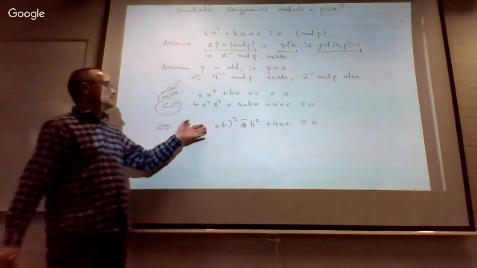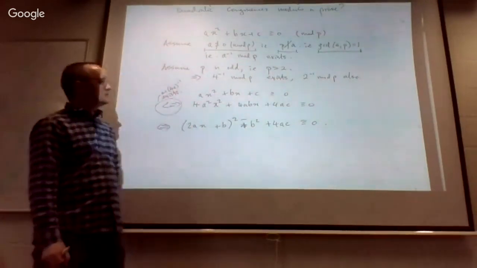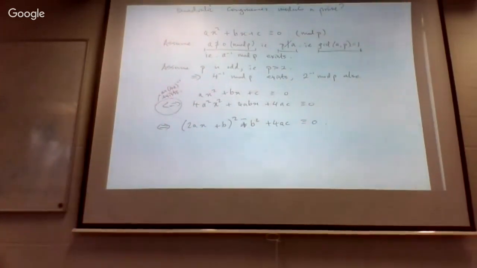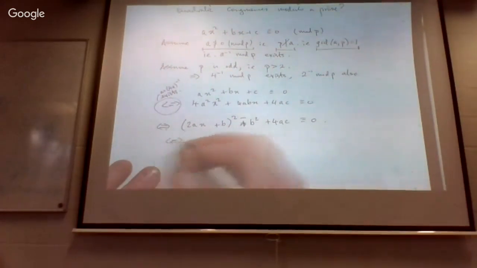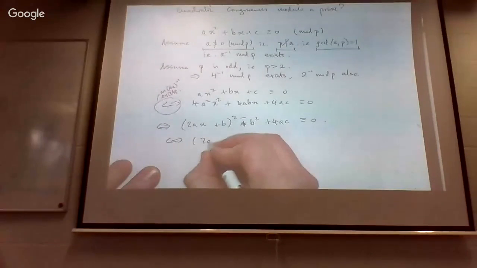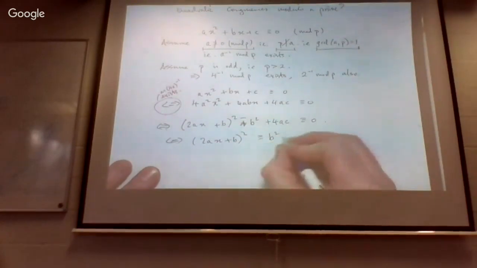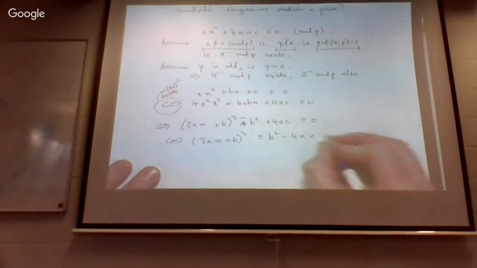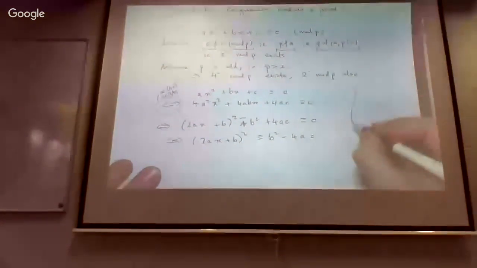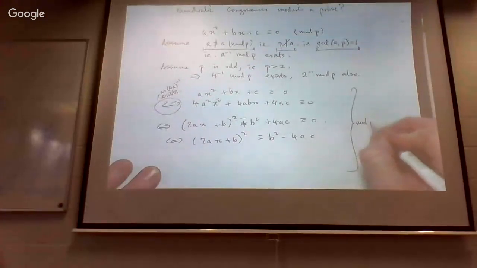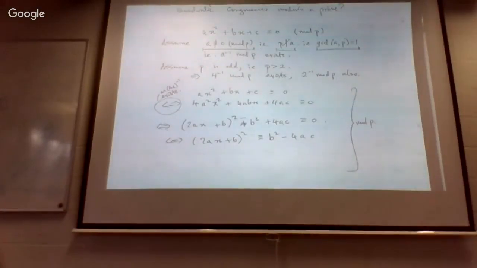This is just a kind of algebraic manipulation of that. So this is true if and only if 2ax plus b squared is congruent to b squared minus 4ac. Remember, all of these are always mod p. So far, so good. So far, we've just followed what we did before.